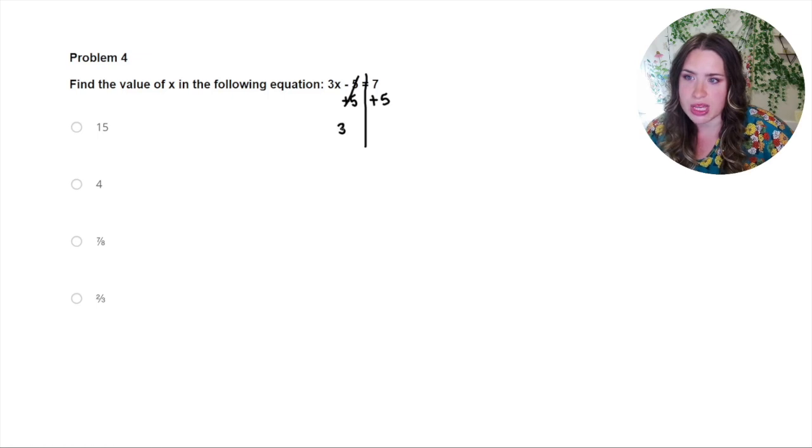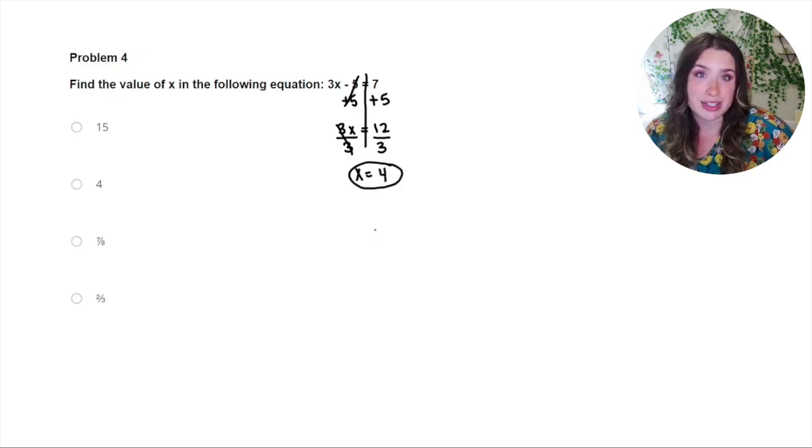So we're going to get 3x is equal to 12. Then to get rid of the 3, we need to divide by 3, since that's 3 times x. And we're going to get x is equal to 12 divided by 3, which is 4. x equals 4 is our solution, which we can find right here. And that's the answer to the problem.